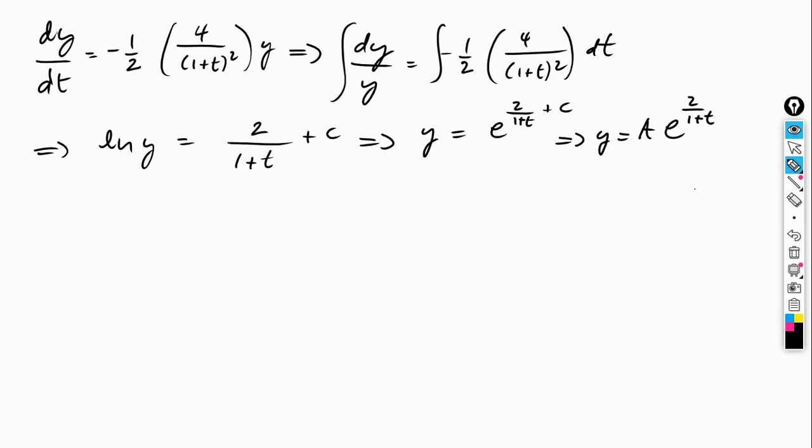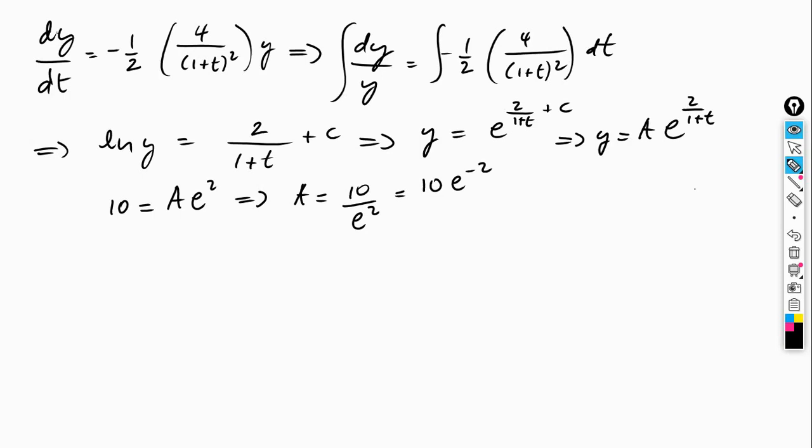And now we can solve for A, because at time 0, the amount is 10. So 10 is equal to A times e squared. Then from here, we get that A is equal to 10 over e squared, which is the same as 10 times e to the minus 2.